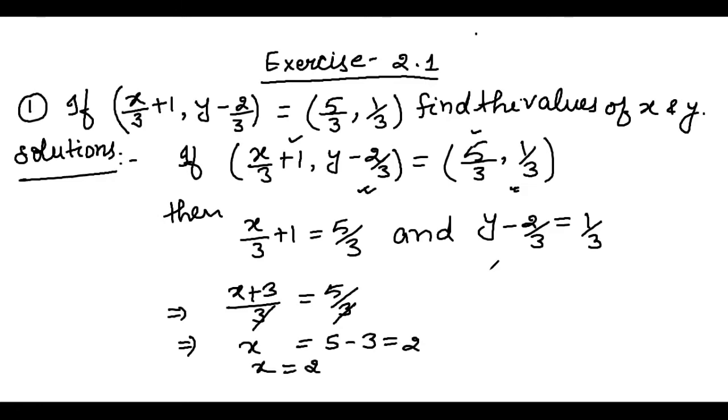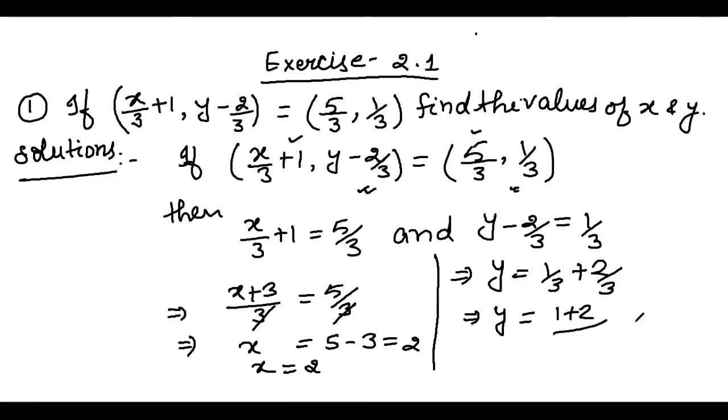Here we will solve y equals 1 by 3 plus 2 by 3. Then y equals 1 plus 2 by 3. So this is 3 by 3. So finally the y value we are getting is y equals 1.